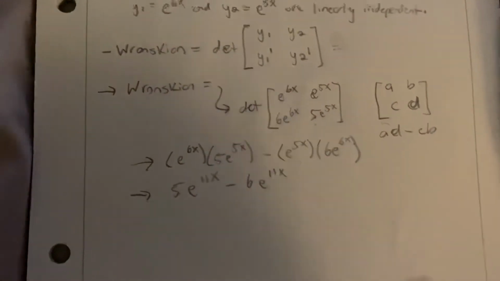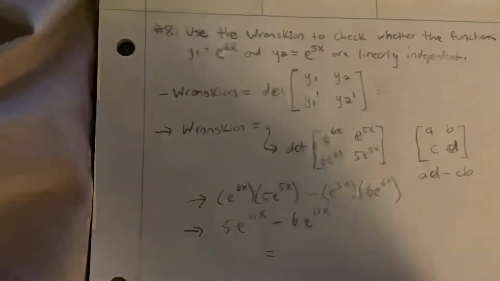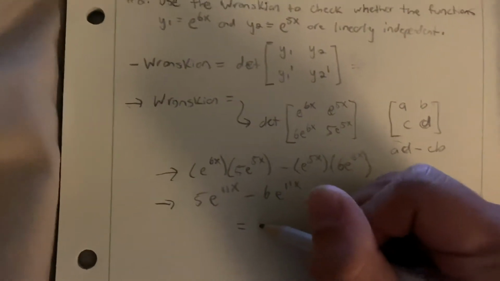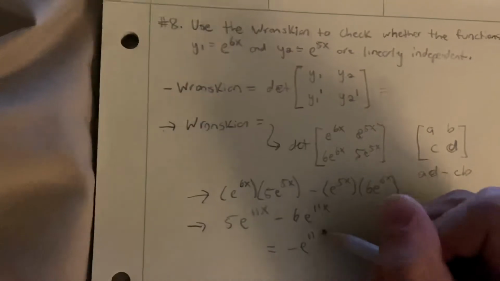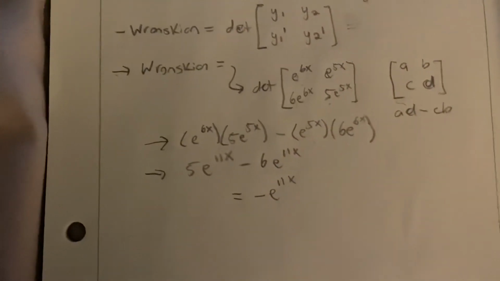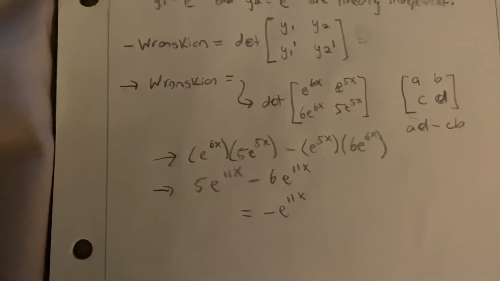From here, it's very simple to solve. You just subtract, and this will equal negative e to the 11x. And that is the solution to our Wronskian.